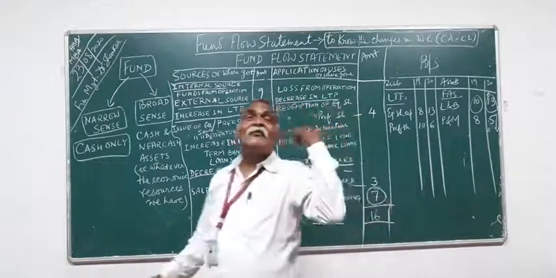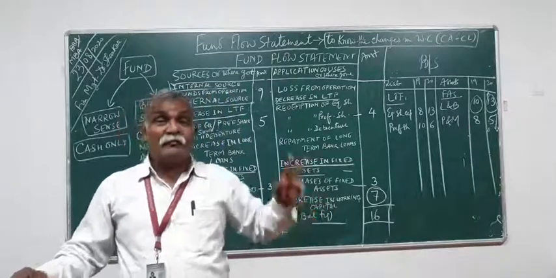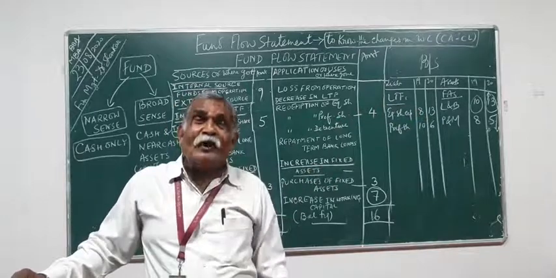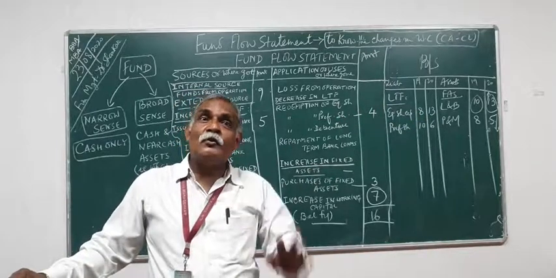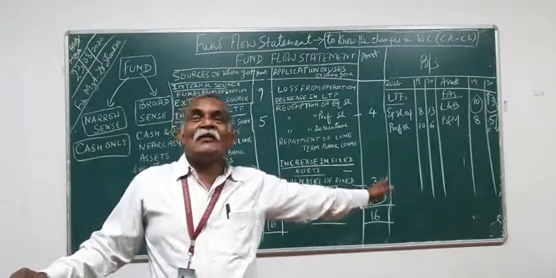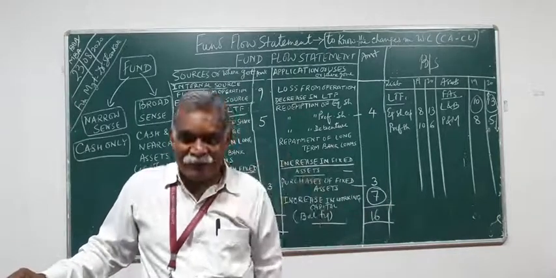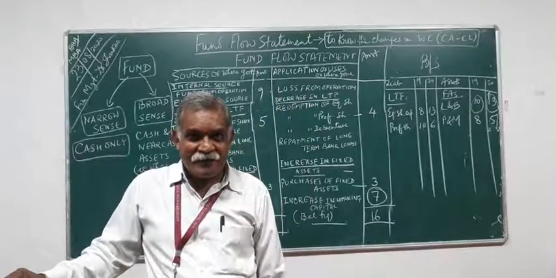And when this balancing figure of increase in working capital matches the amount which you have calculated in the schedule of changes in working capital, then you can be assured that this calculation is 100% correct, and you will get 10 out of 10. Is that clear?